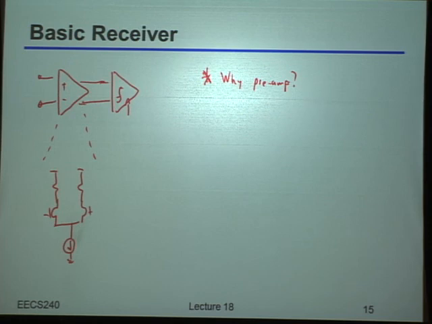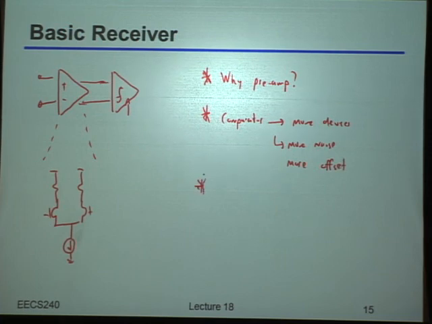So at the end of the day, and let me just write that down to be sure it's clear: a comparator has more devices, and therefore more noise and more offset. And so really all this preamp is doing is trying to essentially attenuate both that noise and that offset.